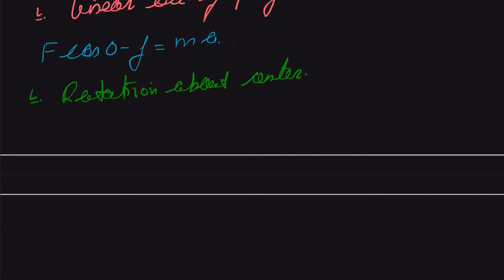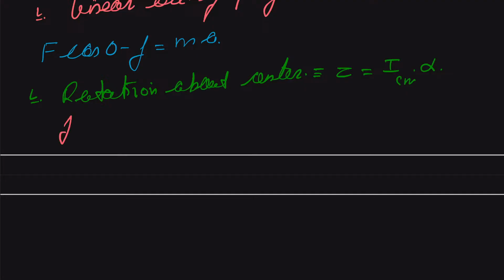So rotation about the center, the torque tau, will be equal to the moment of inertia about the center of mass multiplied by alpha. This will be the net torque because of both the applied force and the frictional force.